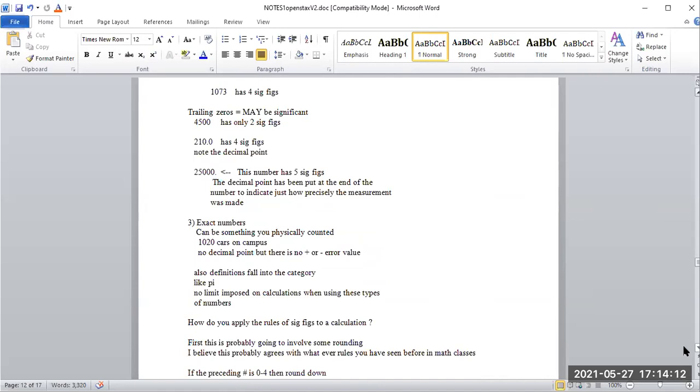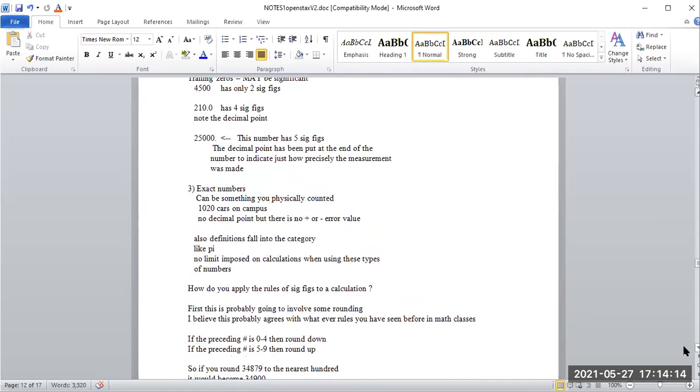Now, exact numbers, there's a couple of ways you can deal with this. Physically counted objects. If you go down to the beach campus on a normal semester, and the parking lot is full, and you say that there are 1,020 cars or vehicles on the campus, you can't really have half a car.